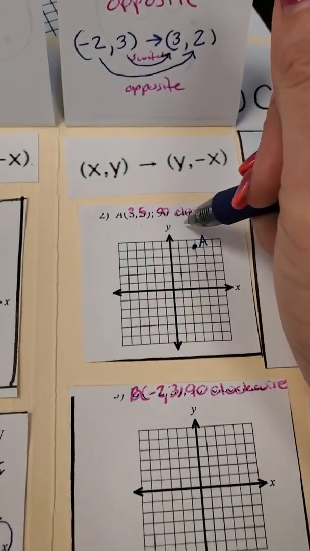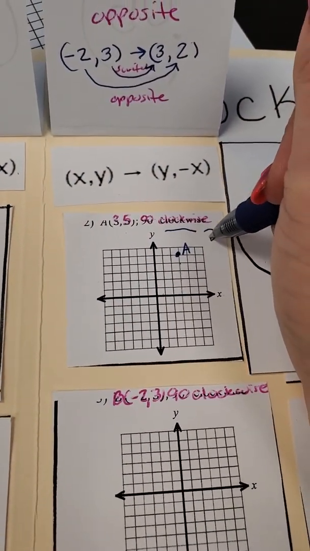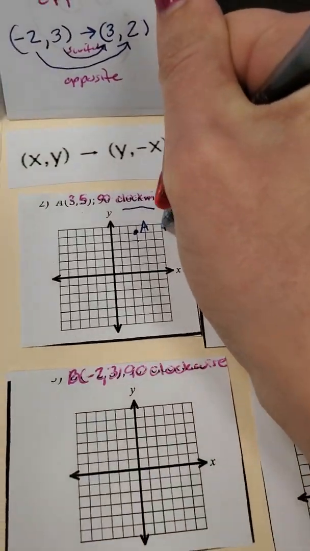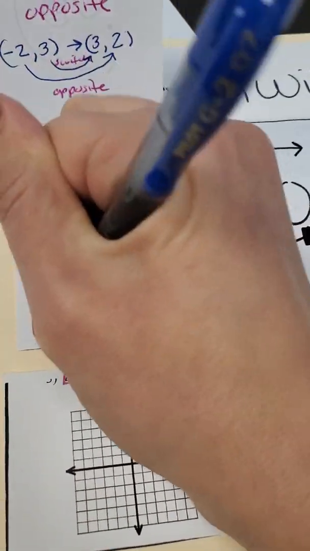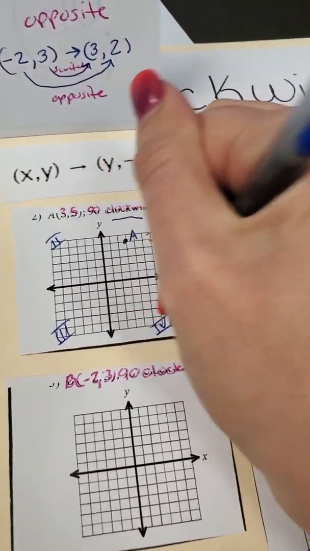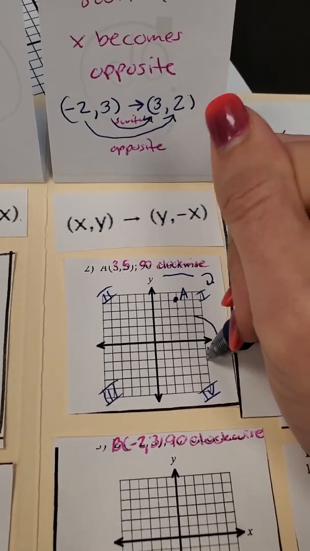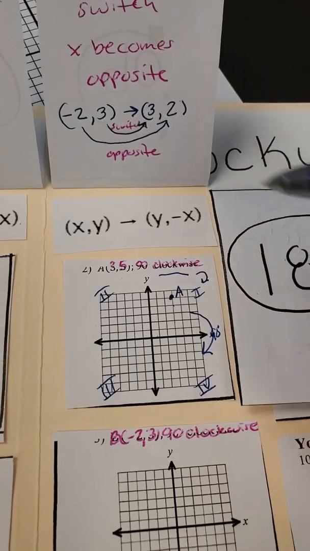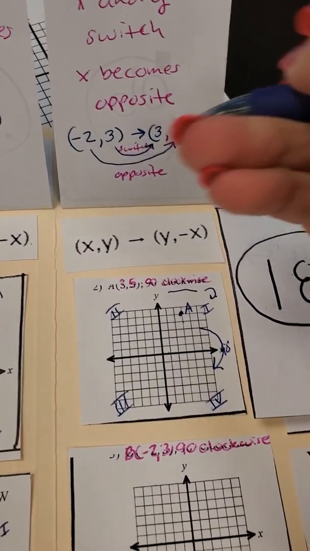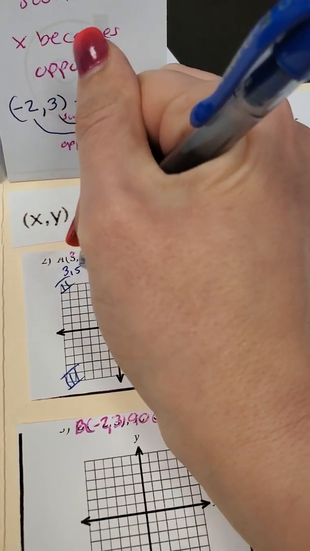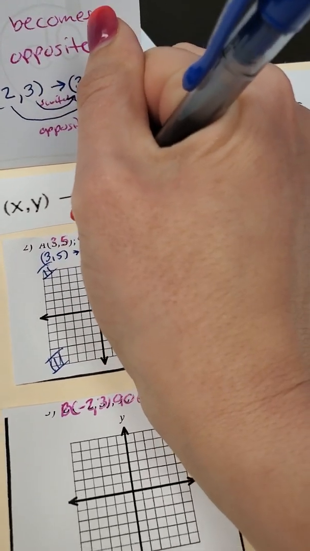I am rotating this clockwise. That means I am going to the right. This is quadrant 1, quadrant 2, quadrant 3, and quadrant 4. So it's 90 degrees. That means I'm only changing one quadrant, just one 90-degree shift. That's it. So my points were 3, 5. The rule says that now I'm going to flip those.